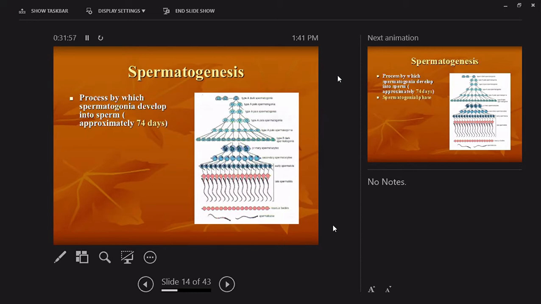So from the most immature to become spermatocyte, the development would be 74 days.